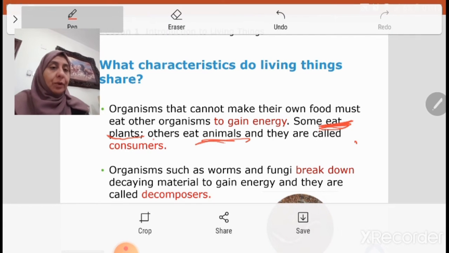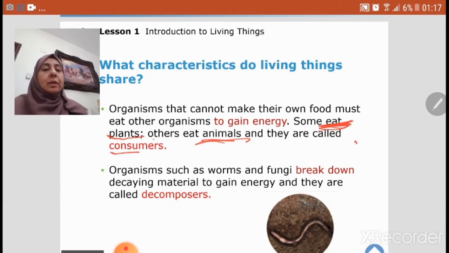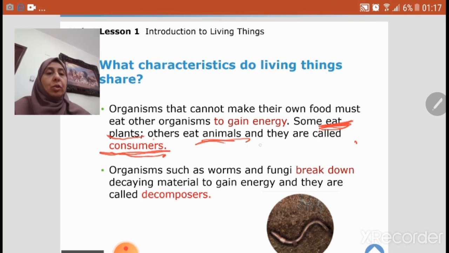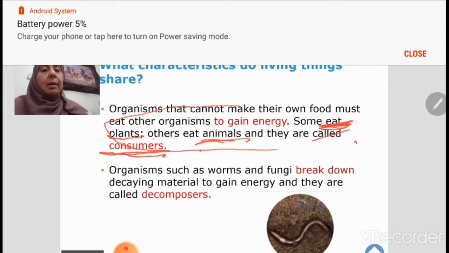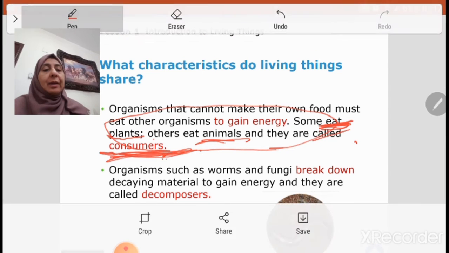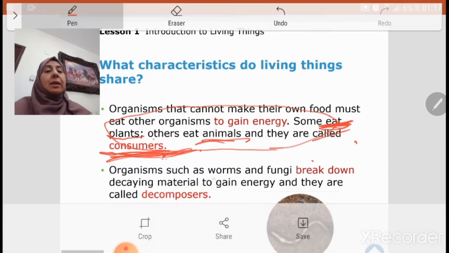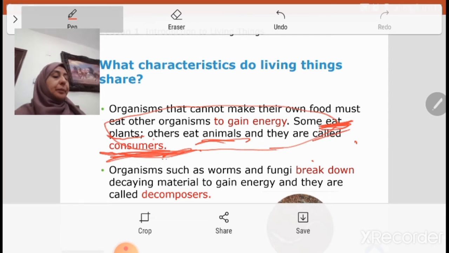This is only for reminding. And some eat both plants and animals, and they are called omnivores, but all of them are called consumers. This will be very clear in the next slide. Organisms such as worms.